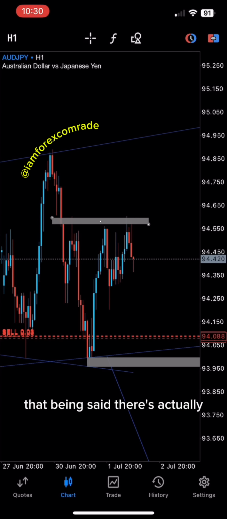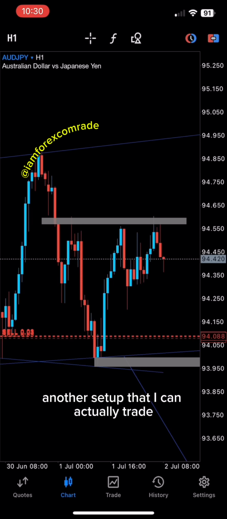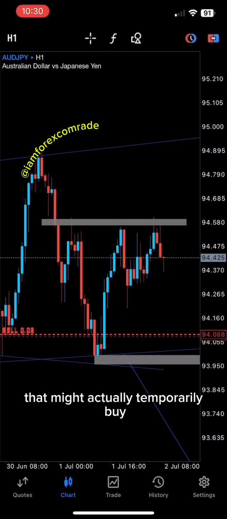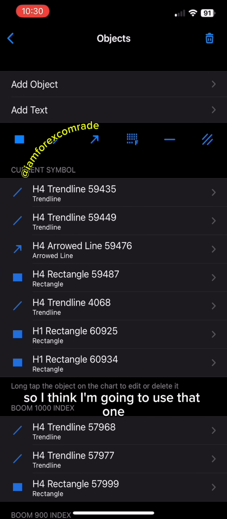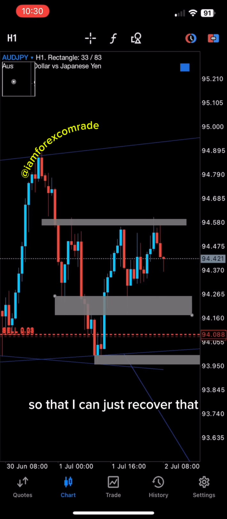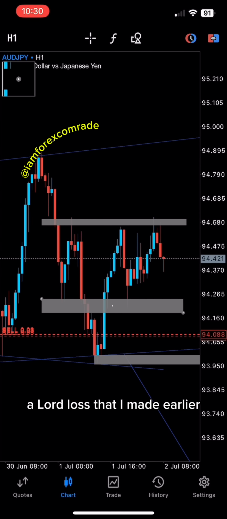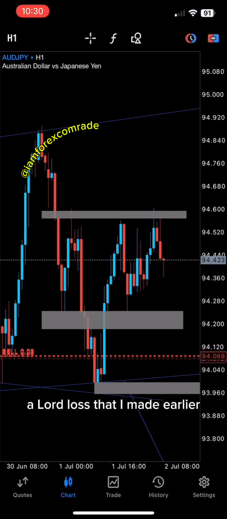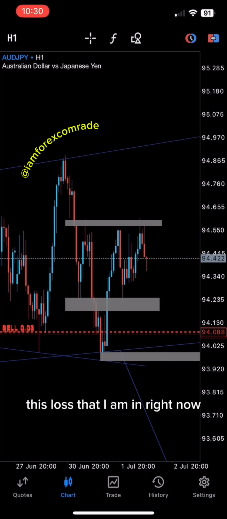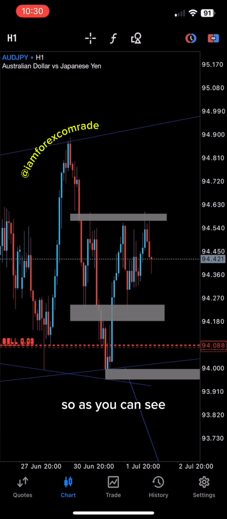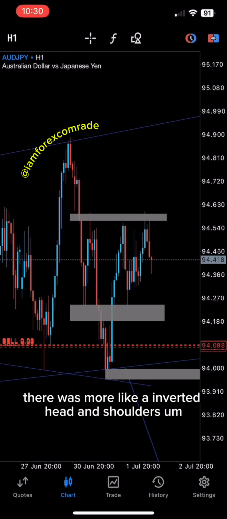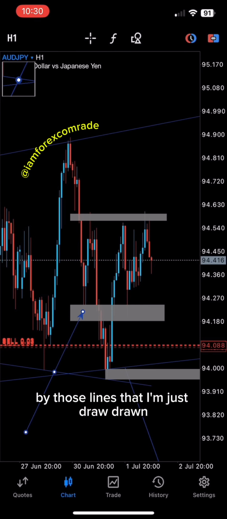Anyway, that being said, there's another setup that I can trade that might temporarily buy. So I think I'm going to use that one so that I can recover the loss that I made earlier, this loss that I am in right now. As you can see, there was more like an inverted head and shoulders by those lines that I've just drawn.